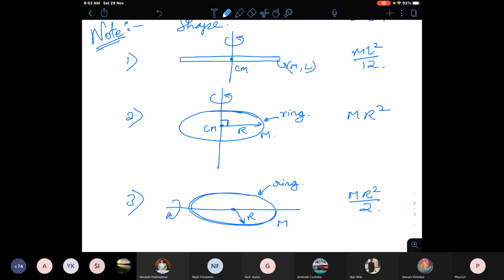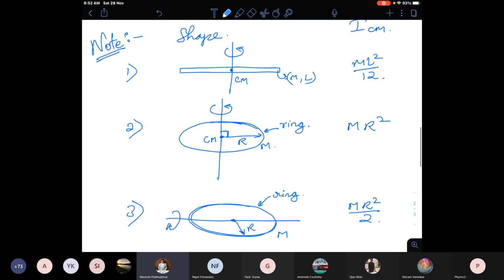So now, for the second one, I told you that we have the moment of inertia of a ring about its. The screen is not visible, sir. It's visible, sir. Some of you are saying it's visible, some of you are saying it's not visible. I will try and rejoin. How many of you are not able to see the screen? Just write it in the chats.